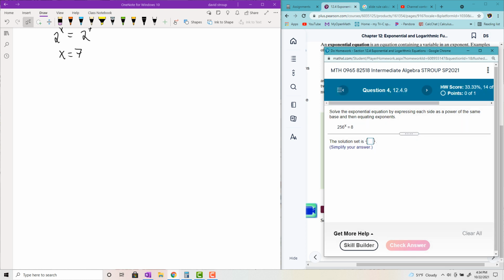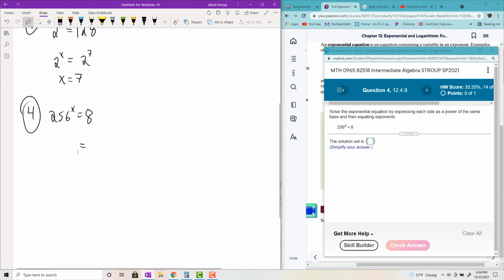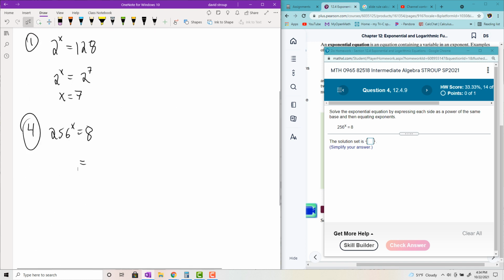I guess we could try this one. So this is number 4. We have 256 to the x equals 8. I want to write both sides with the same base. And 256 seems like it's just 2 times 128, isn't it? So 2 to the 8th is 256. So I could rewrite 256 to the x as 2 to the 8th to the x.